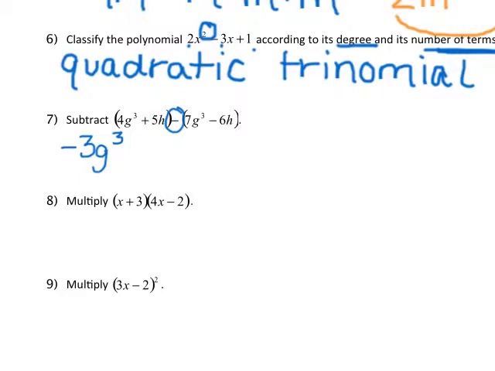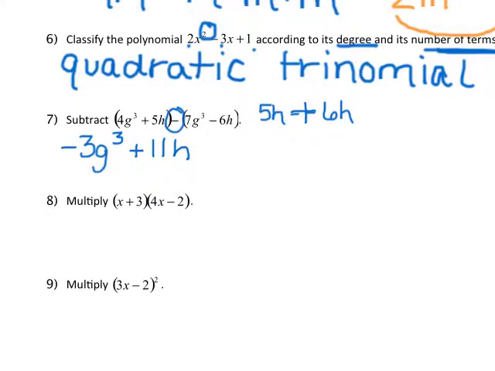Let me write that out separately so you can see it. 5h minus negative 6h. Think about what this means. When you subtract a negative, it's really like addition. So this is really going to become a positive 11h. So that's one way to do this.